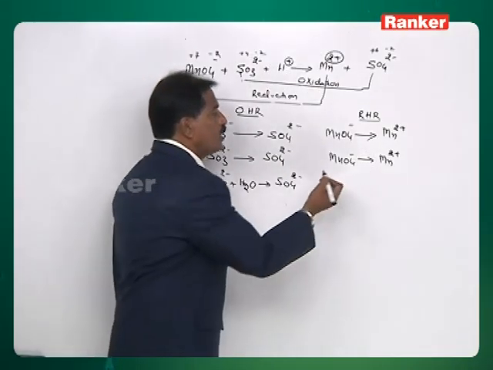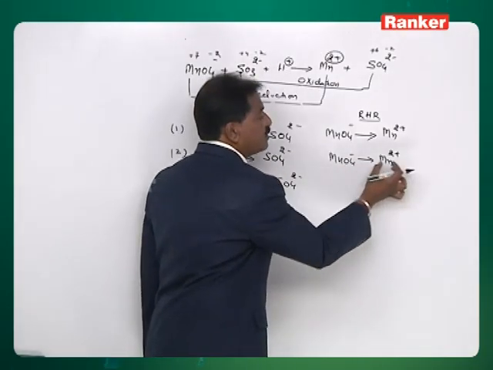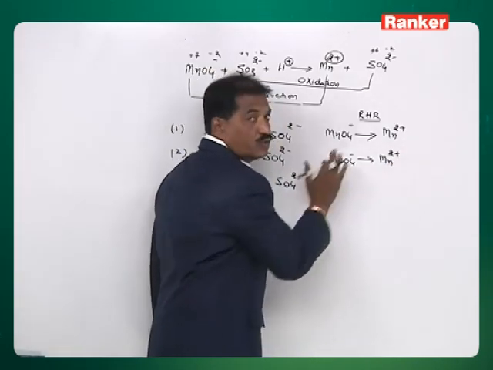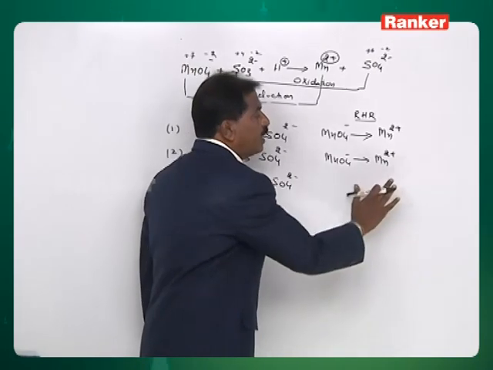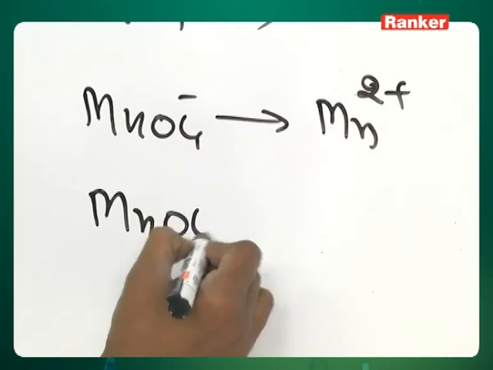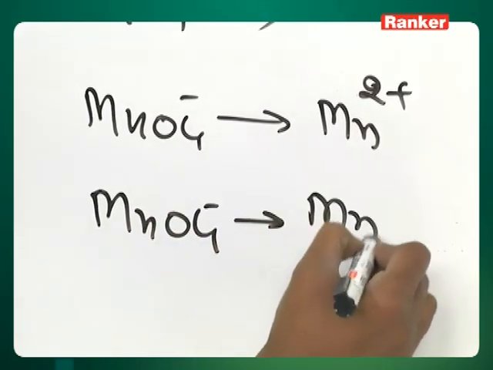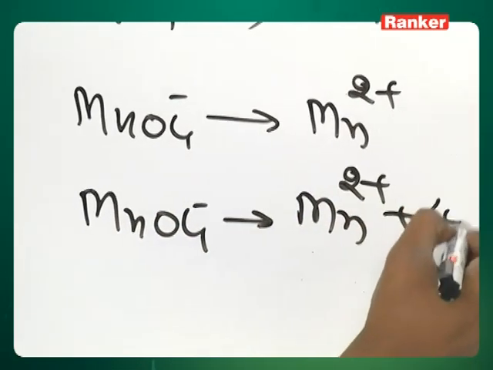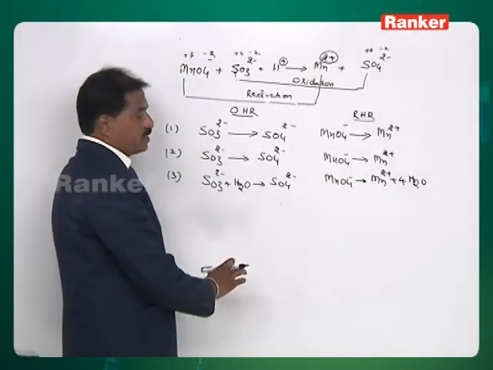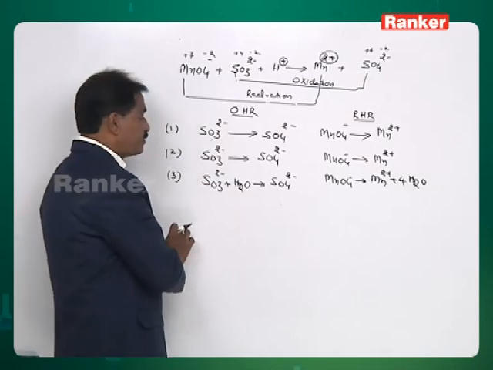Similarly, here also one side 4 oxygens, the other side 0 oxygens. That means one side is deficient of the 4 oxygens. Therefore, add 4 water molecules to the deficient side. So now in both the half reactions, we have balanced the oxygen atoms.